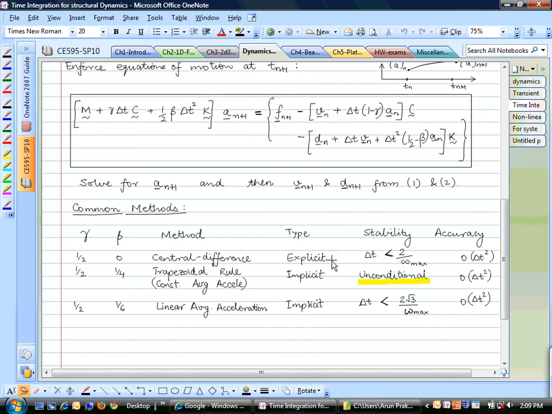And that is in general true for all types of explicit methods. If you have to solve a system of equations, that method becomes an implicit method. If you don't have to solve a system of equations, or if your system of equations is a diagonal matrix, that type of system is called explicit. So explicit methods are very easy to solve, but the problem with those methods is that you cannot take a big time step.